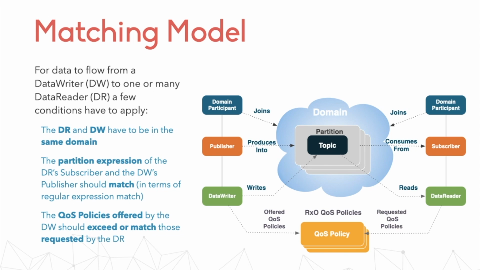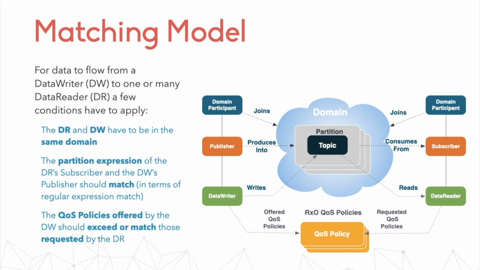Next point is that obviously the data writer and the data reader have to be for the same topic, and then their QoS policies have to match, in the sense that the QoS provided by the data writer has to match or exceed the QoS requested by the data reader. Just to give you an example, let's do the other way around. If a data reader wants to receive the robot position topic reliably, then it will only match a data writer that provides that topic reliably.